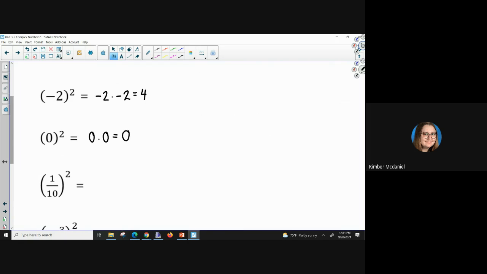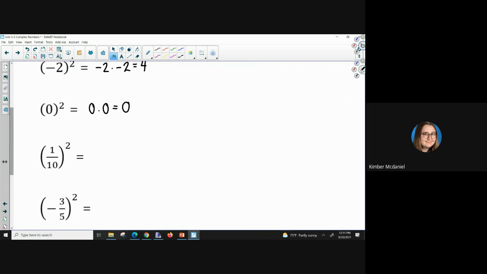Let's keep using that logic. How can I rewrite 1 over 10 to the second power? 1 over 10 times 1 over 10. When we multiply fractions, we multiply straight across. So 1 times 1 is 1, and 10 times 10 is 100, so 1 over 100.